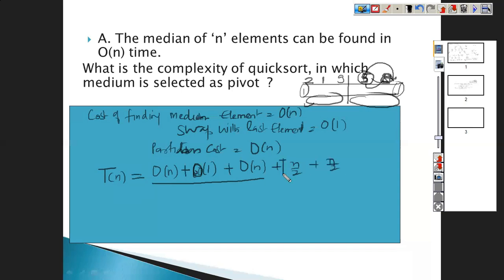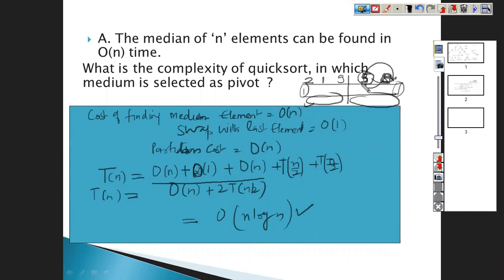So you can write this as big O of n plus 2T of n by 2. If you look at this recurrence relation, which is a very common relation that we have already discussed, this is nothing but n log n. So the effort required here is n log n only.